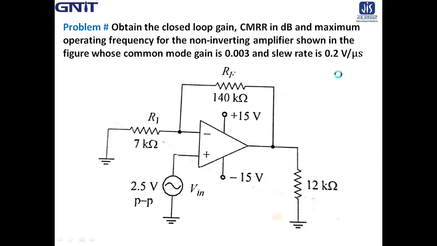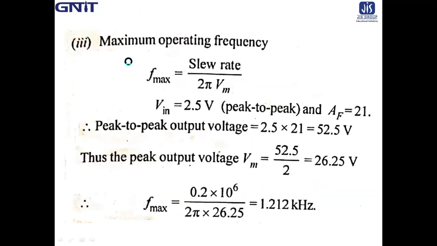Now remember that maximum operating frequency, F max, is basically determined as slew rate. It is a ratio of slew rate in the numerator, and in the denominator is 2 pi V peak. Peak to peak voltage is already given, input peak to peak voltage, that is 2.5 volt. And slew rate is also given, that is 0.2 volt per microsecond. See, the maximum operating frequency F max equal to slew rate by 2 pi Vm.